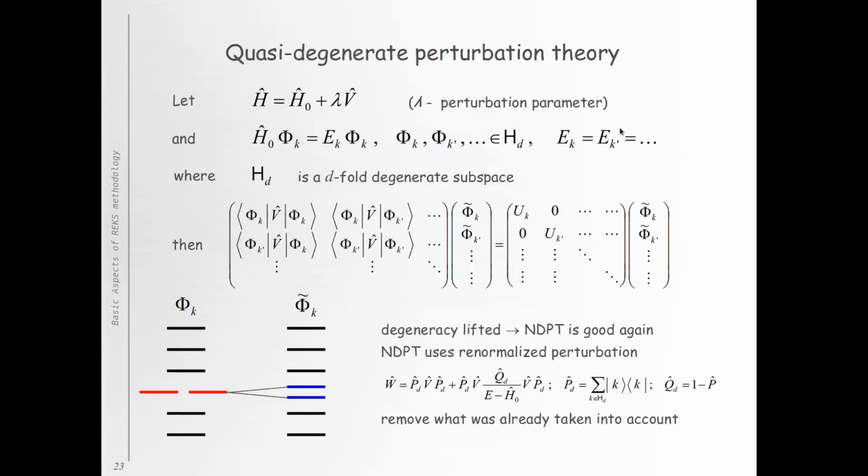Some time ago, maybe 60 years ago, or maybe more than 60, because quasi-degenerate perturbation theory was formulated quite early on, maybe already in the 30s, I don't remember, a clever way around the problem was found. But it was revived when it became necessary to develop some kind of perturbational corrections to multi-configurational wave functions.